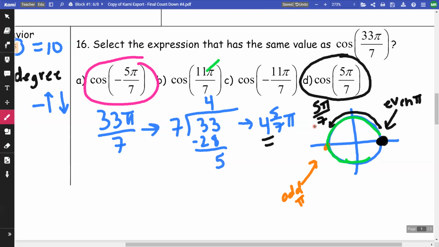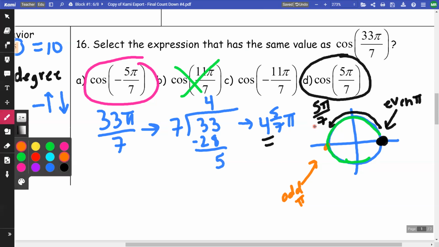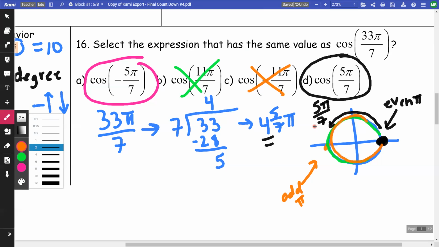So that's going to be a no. And if I do the negative of it, in orange, that would be me going this direction. I would end here, and that's a no. So the two answers would be those.